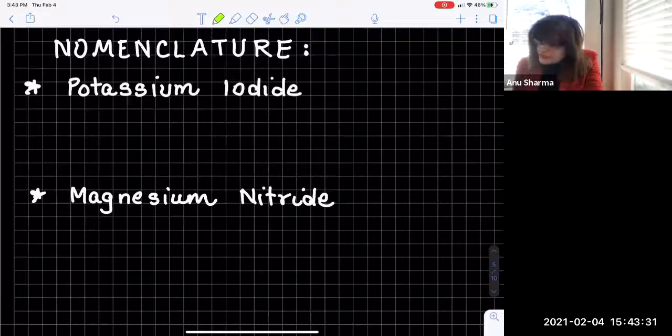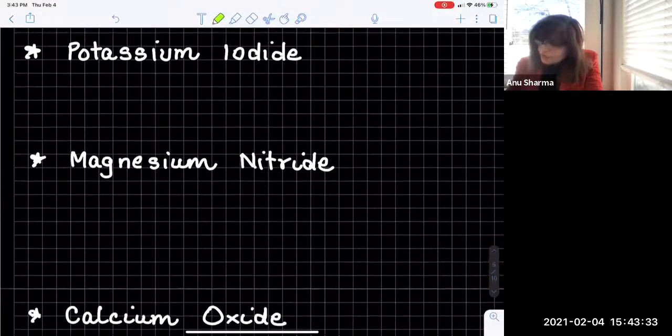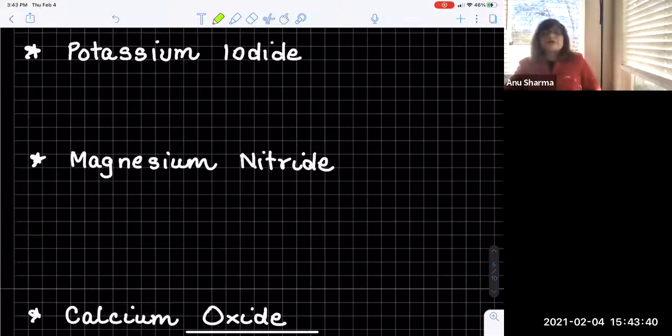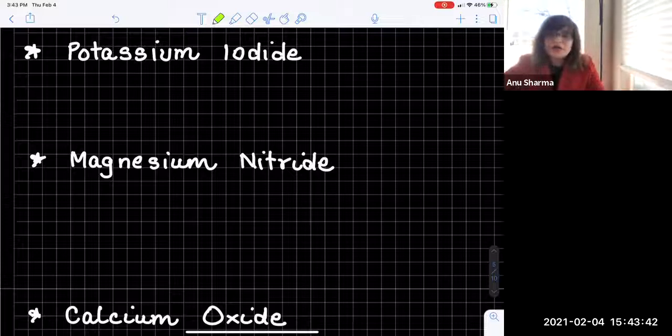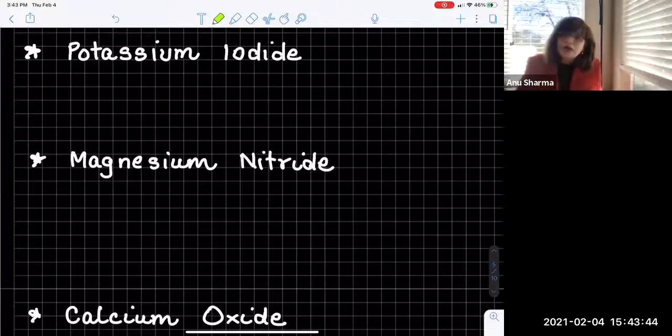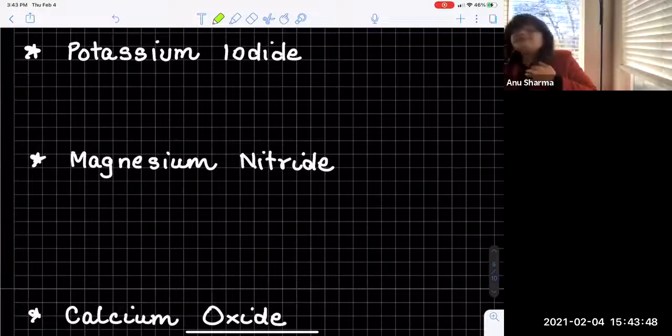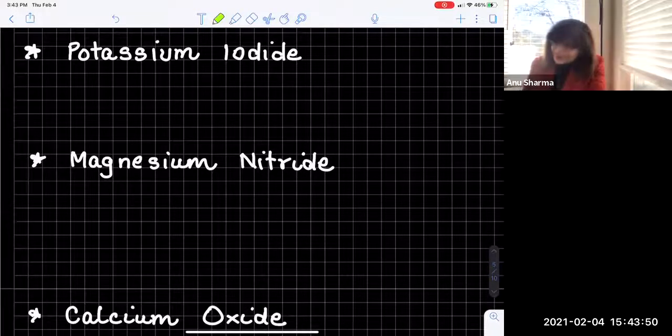Okay. So here's the thing, nomenclature of potassium iodide. We're going to look at writing their names, and we're going to look at writing their formulas. So potassium is symbol K. It's in group number 1A, so the charge is going to be +1.